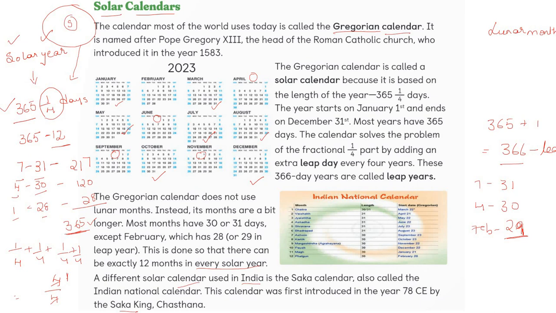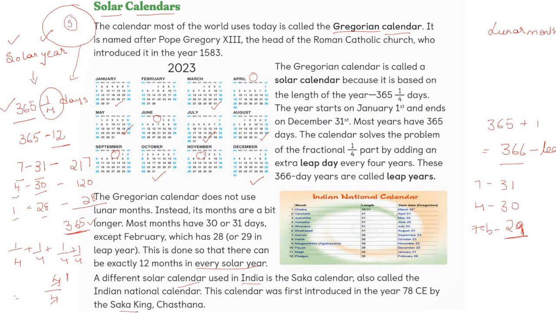What is the Indian national calendar? It is the Saka calendar. Who introduced it? Saka King Chasthana. Which type of calendar is it? It is a solar calendar. Here in your textbook, the Indian calendar is given.